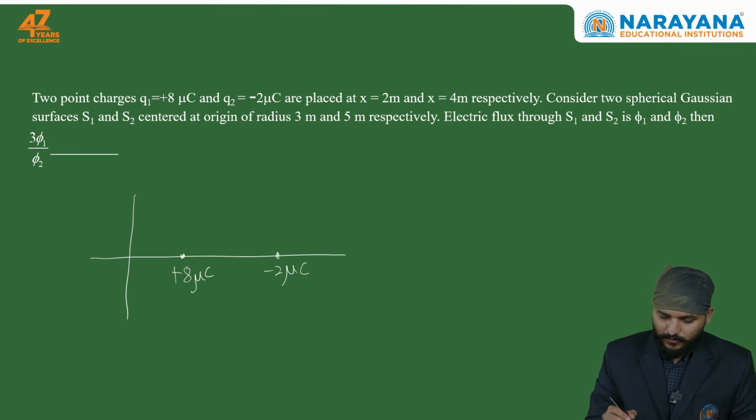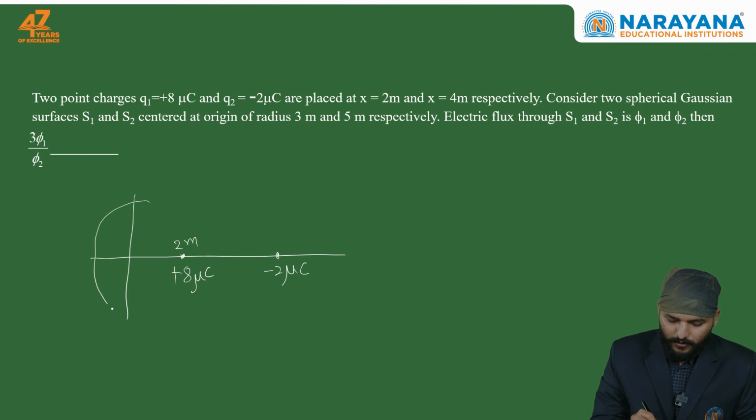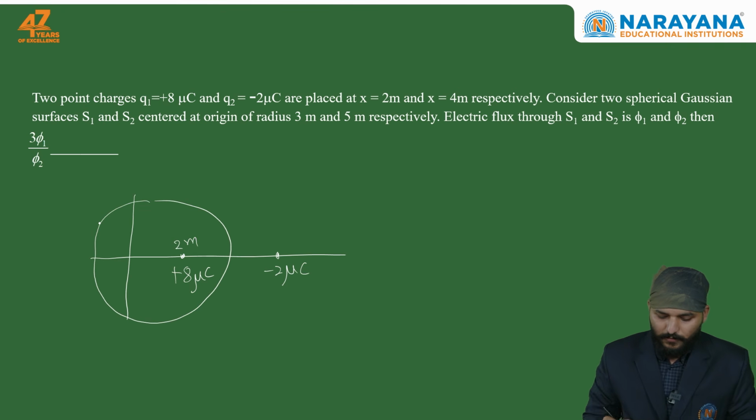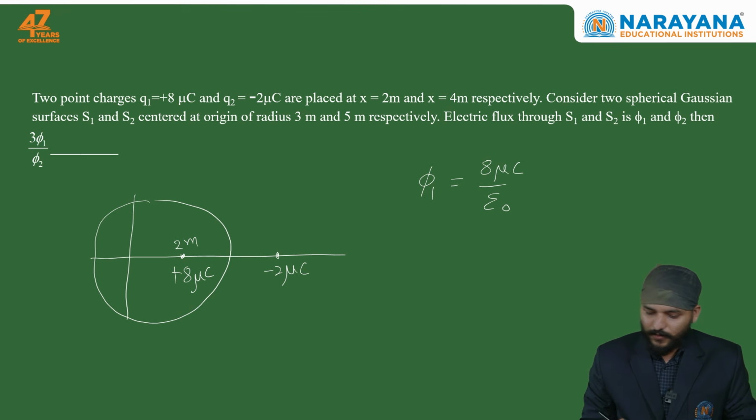So considering the first spherical surface of radius 3 meter, you see Q1 is at x equal to 2 meter. So if you are considering a sphere of radius 3 meter, this 8 microcoulomb charge will be inside that spherical surface. Therefore flux through that surface, which is phi 1, would be the charge enclosed, which is 8 microcoulomb divided by epsilon naught.